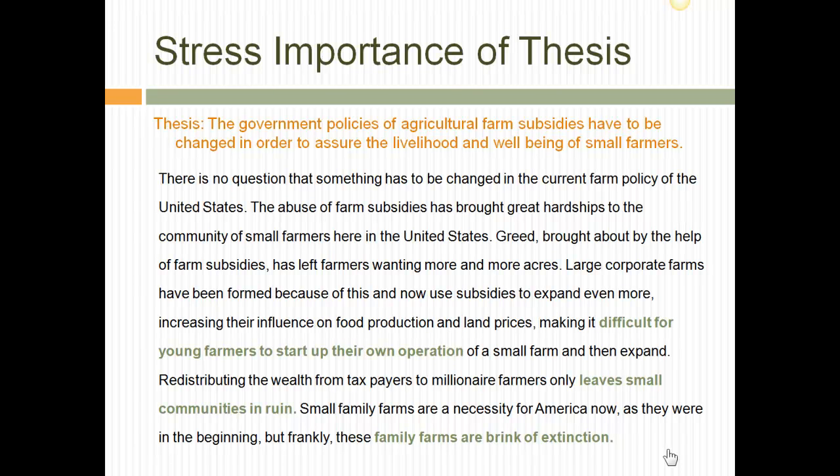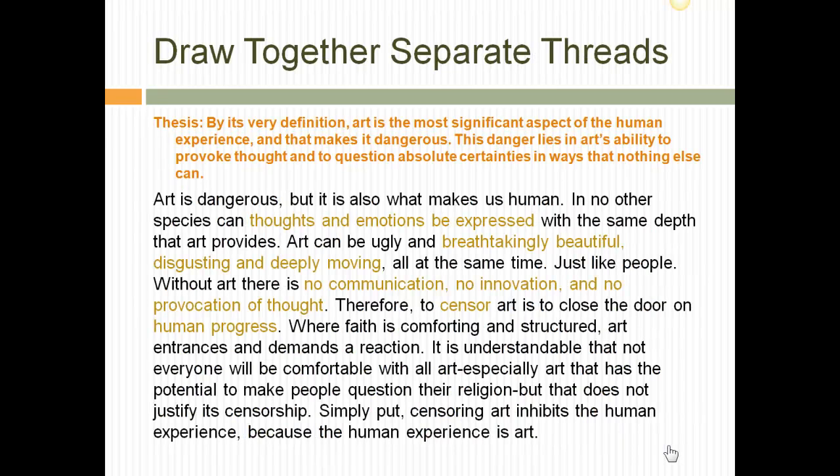All right, the next thing that we want to think about is how our conclusion will draw together the separate threads or the separate strands of argument that we have had throughout our essay. So this is a new essay that I'm introducing to you. The student wrote about the idea of art and specifically the censorship of art.